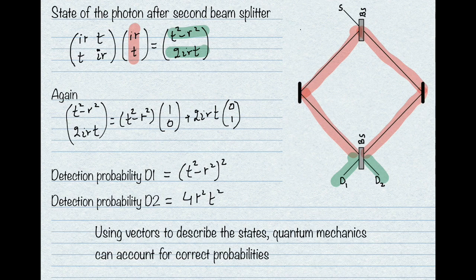The state of the photon after the second beam splitter is obtained by a second matrix multiplication. Again, the matrix for the beam splitter, the state before the action of the second beam splitter, and the state after the action of the second beam splitter. This is the state of the photon just before its detection at D1 or D2.